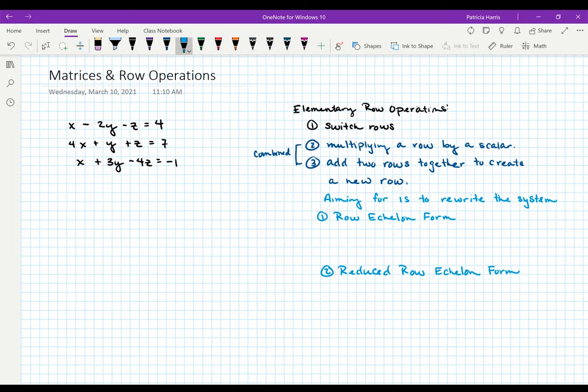Now, if you've got a TI 84 plus calculator or any of the graphing calculators, what you will find is if you go into the matrix menu, you will see that it does have a reduced row echelon feature on it.